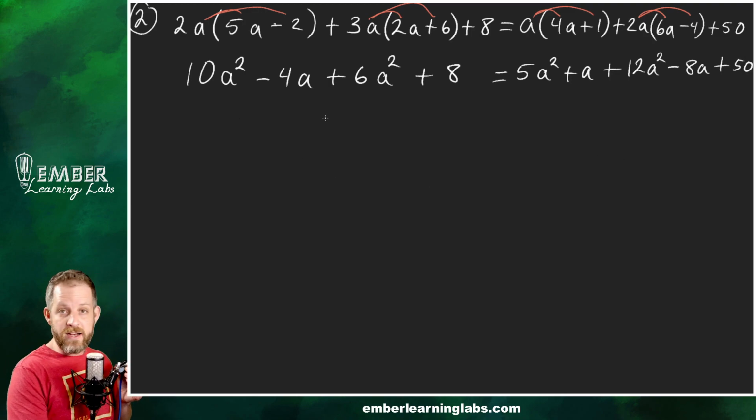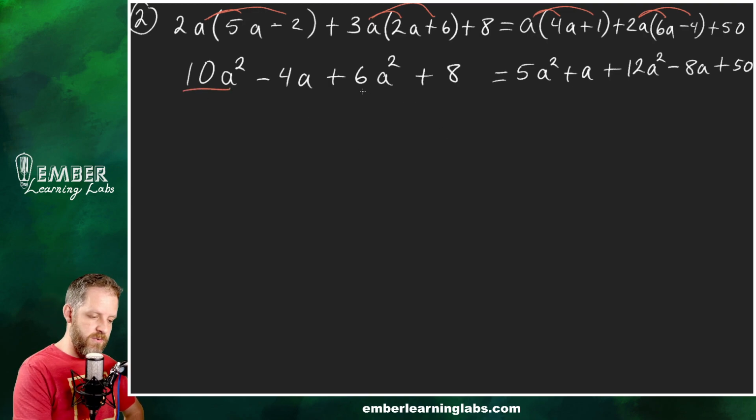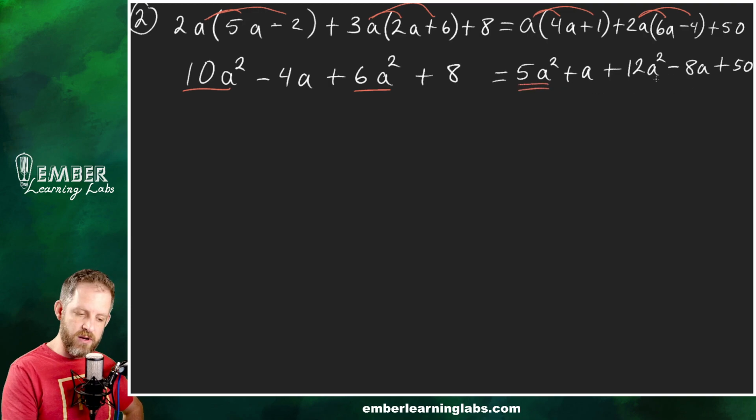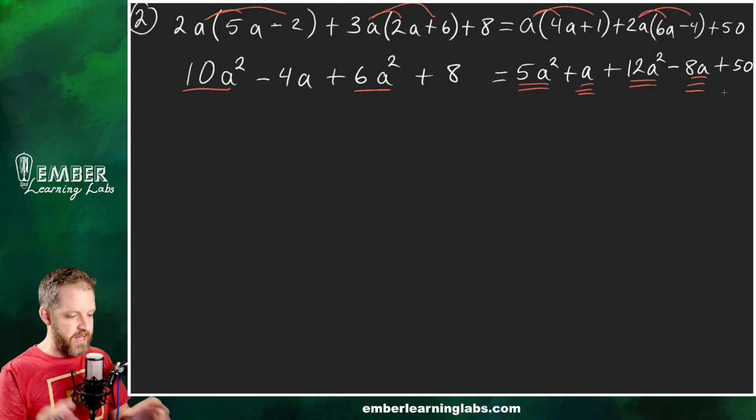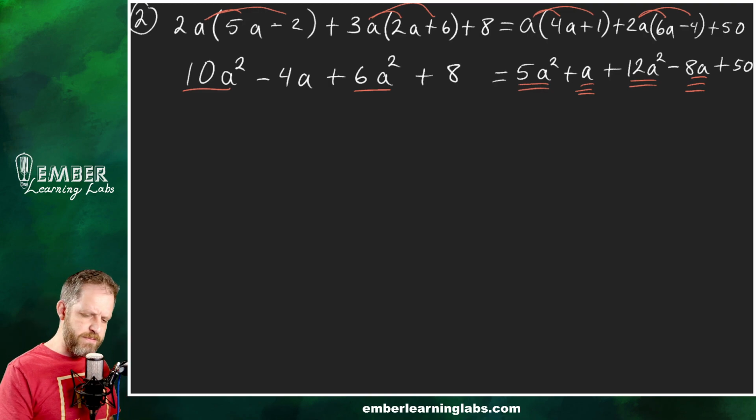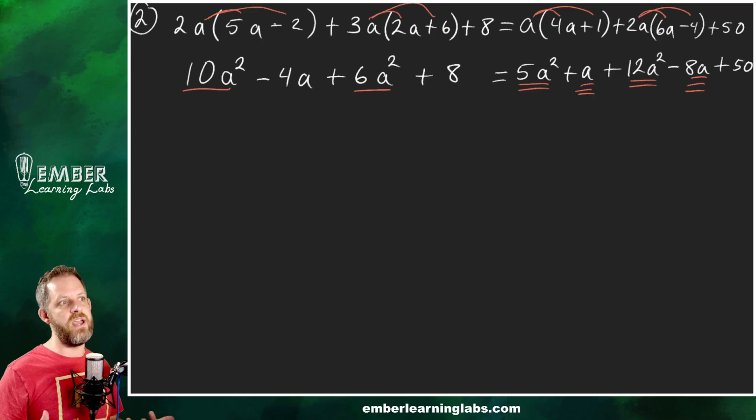So now let's find our like terms on the left and our like terms on the right. So we're going to combine that with that. We're going to combine this one with that one, and this one with that one. And that looks like before, so we're doing a cleanup step. We're not moving across the equals yet. We're cleaning up, because it's always best to clean up the sides as much as you can before starting to move stuff around.